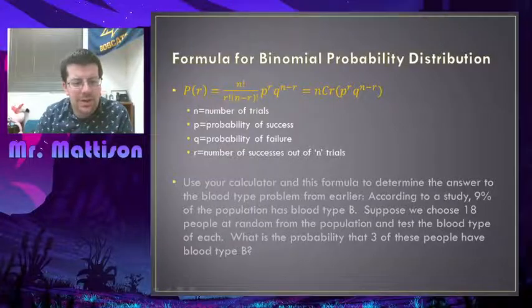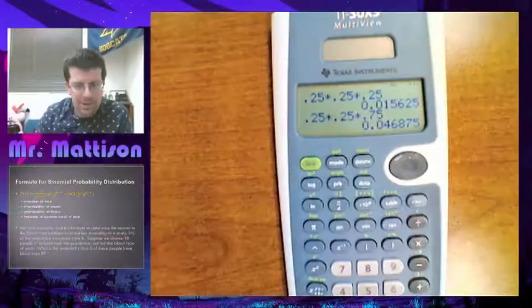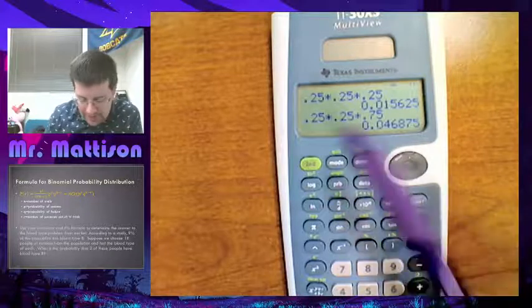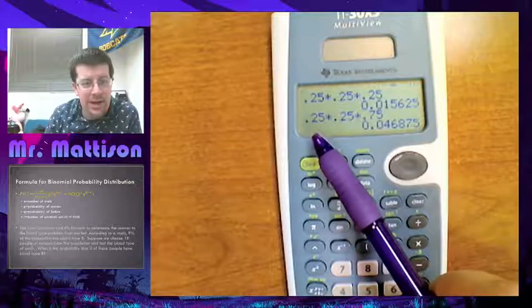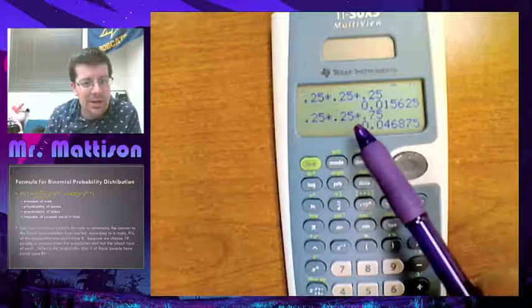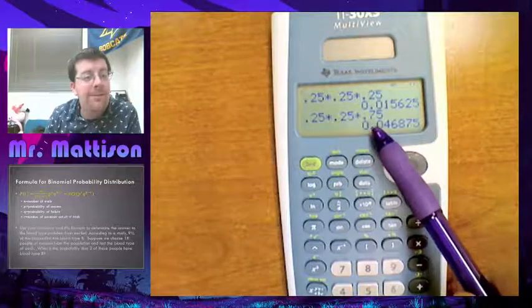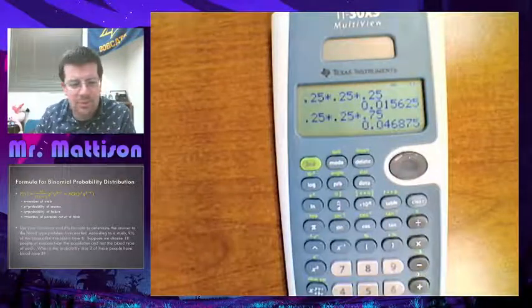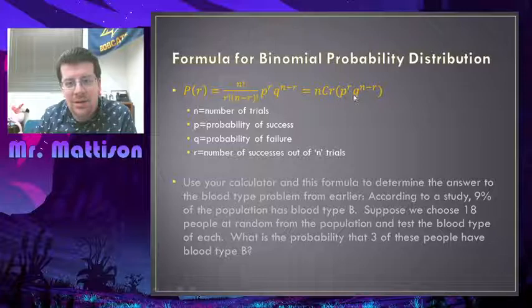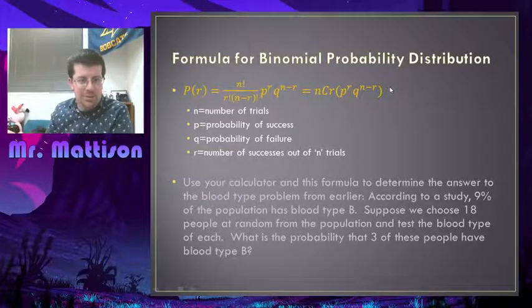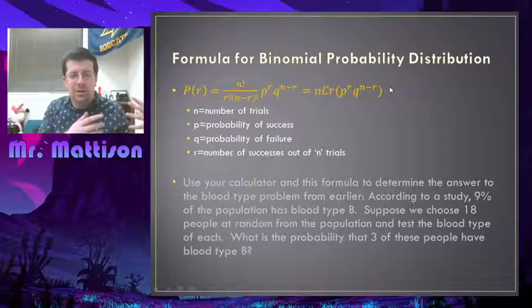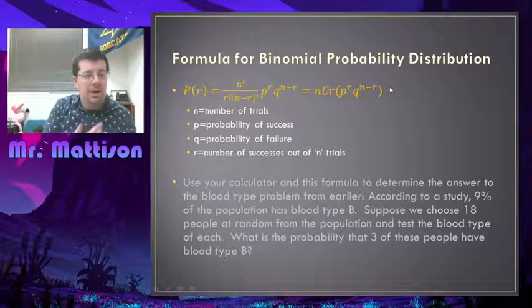What that looks like over here: I had 2 successes, so I could have said 0.25 raised to the second power times 0.75, my failure, raised to the first power. Which is what this is saying: success raised to the number of times you want a success, times failure raised to the number of times you want a failure, which is why it's n minus r, because that's the number of times you fail if you get a success r number of times.